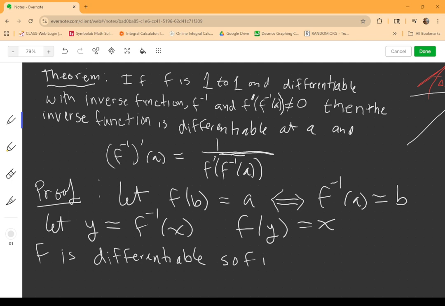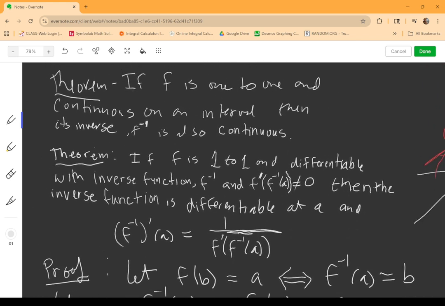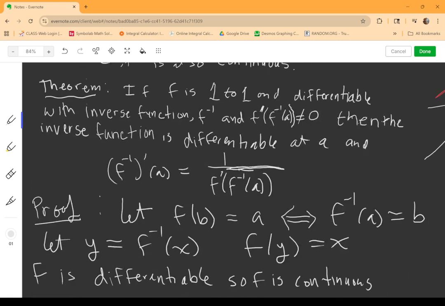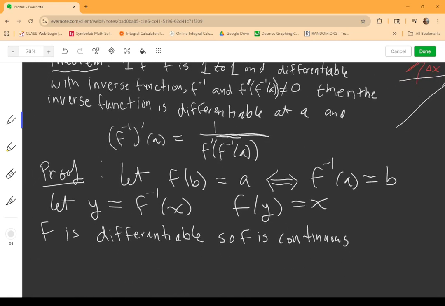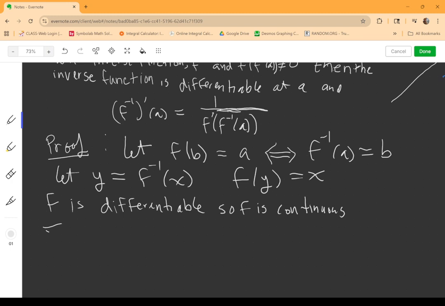So f is continuous. Now be careful how you interpret that. The converse is not true. Continuity does not imply differentiability, but differentiability does imply continuity. So if f is continuous, then our first theorem up here tells me that f inverse is also continuous. So based off of this logic, f inverse is continuous.